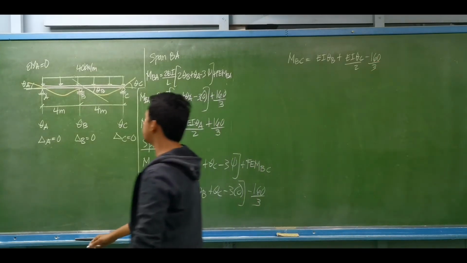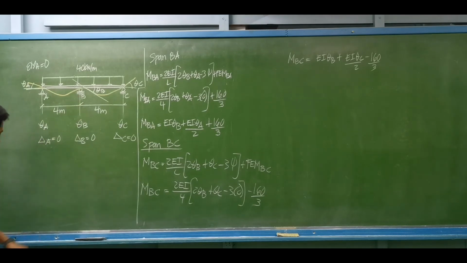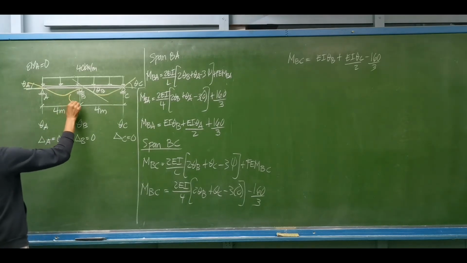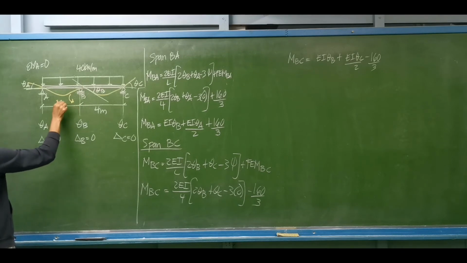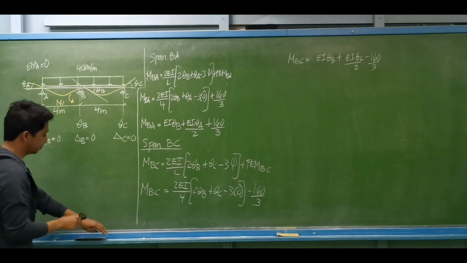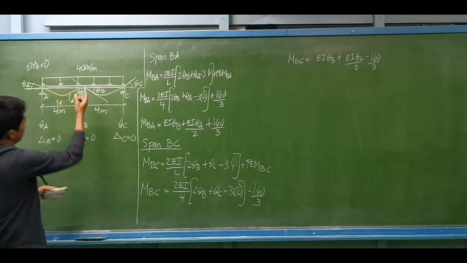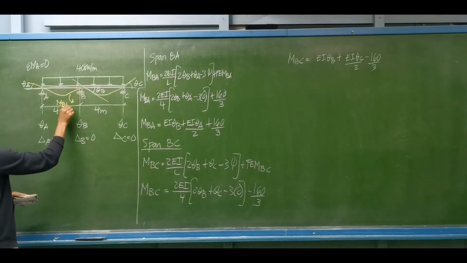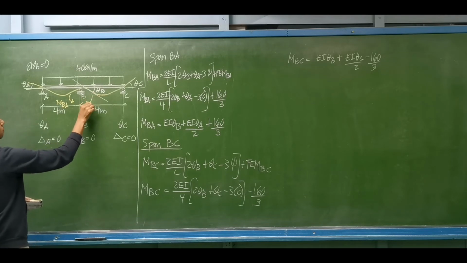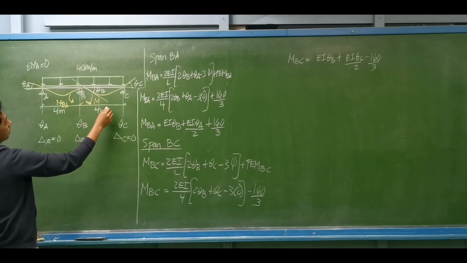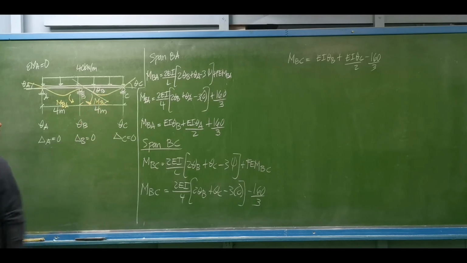Okay, so for joint B, if we consider the moments per span, let's say this is the moment for member BA, let us assume that it is counterclockwise, and for the span BC, this is the moment BC assumed to be clockwise.